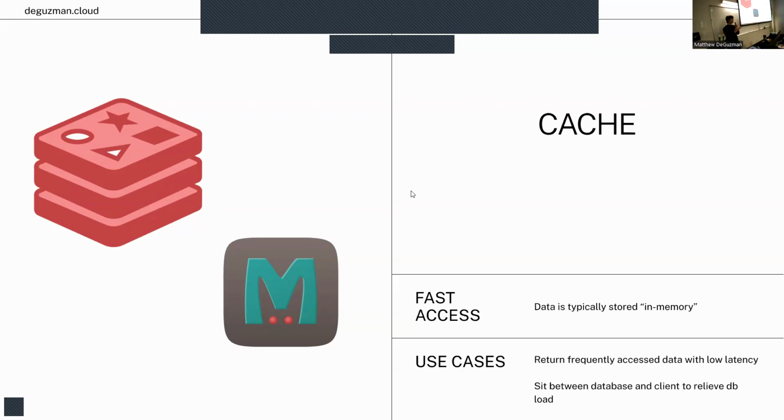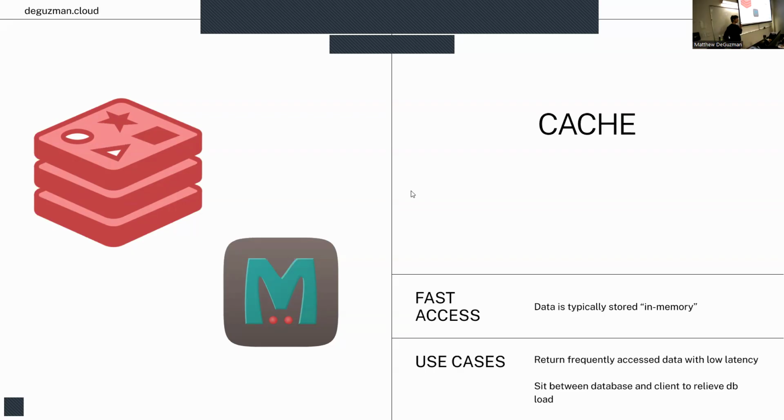In this case, memory is going to be a lot faster to retrieve and write data to and from as opposed to hard disk storage, or maybe even an SSD. SSDs are fast, but still not as fast as straight up RAM in our memory. So a lot of these caches are also known as in-memory databases, and they're really quick. They can grab your data in a couple of microseconds.